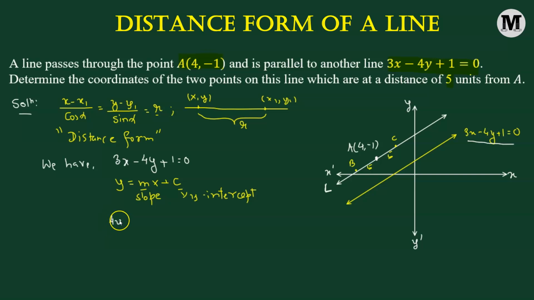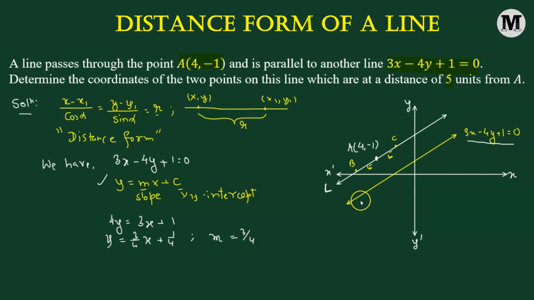So let's rewrite the equation in this format. We get 4y equals 3x plus 1. Dividing throughout by 4, we get y equals 3 over 4 times x plus 1 over 4. So when we compare with the equation y equals mx plus c, the m comes out to be 3 over 4. And what is m here?